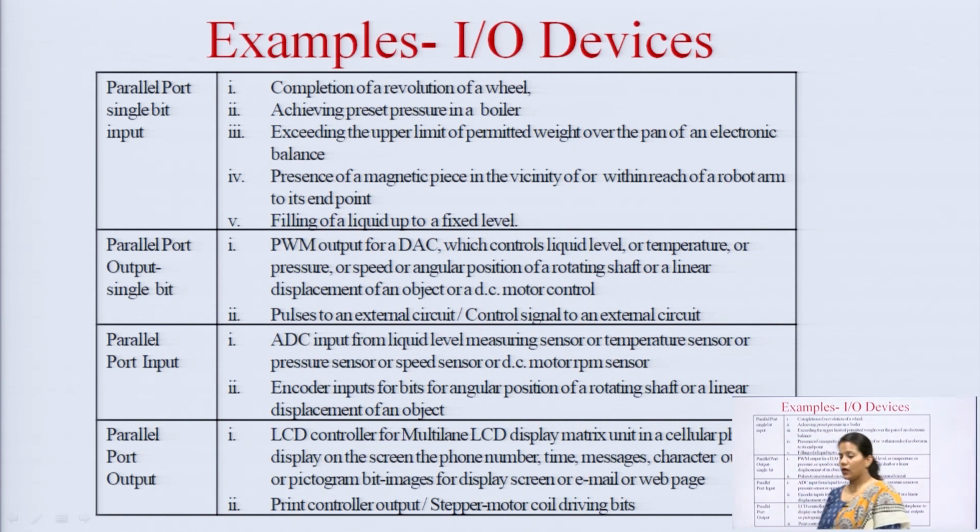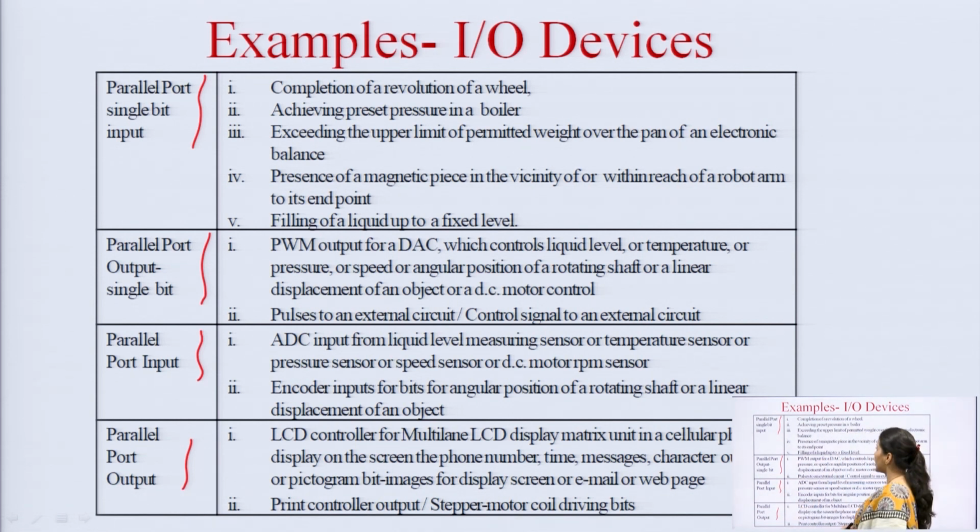Now, again, when we are talking about the input output device, parallel port: single bit input, these are the devices under parallel port. So, parallel port single bit input, parallel port single bit output, parallel port multiple bit input and parallel port multiple bit output.